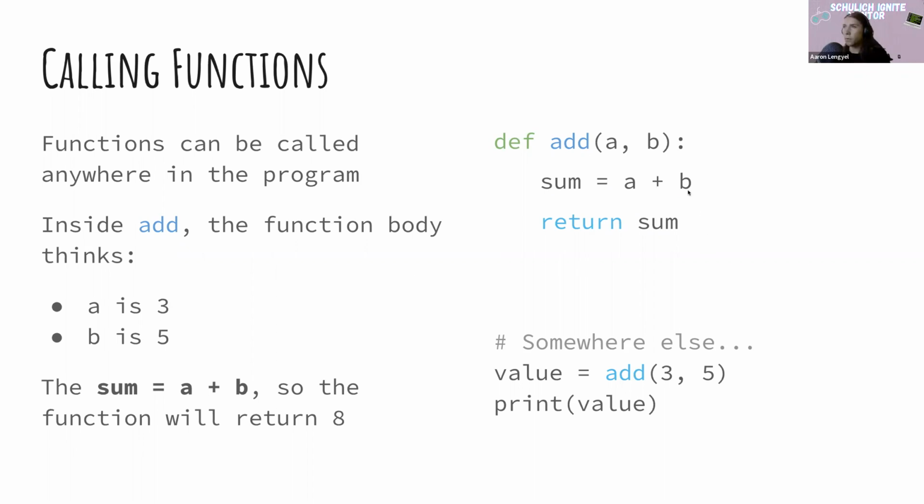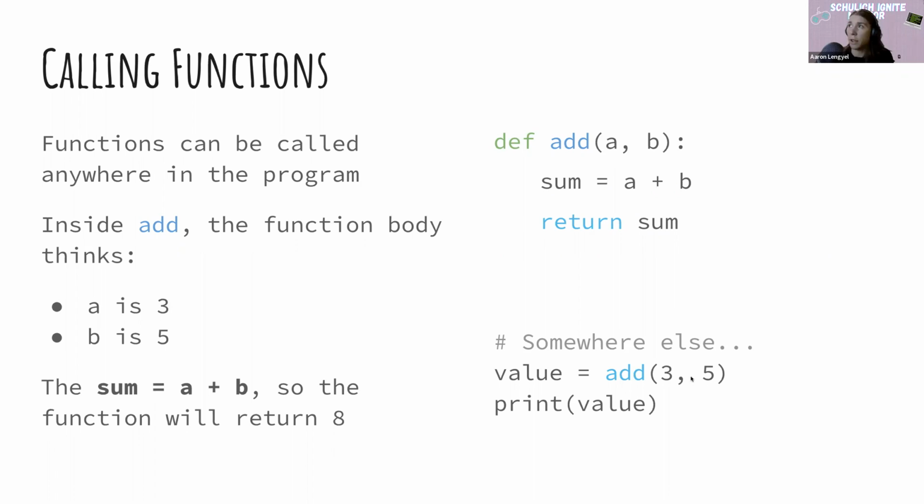So back to functions. Inside the function, A is a specific variable inside the function and B is a specific variable inside the function, right? If I pass in this 3 and this 5 into our function, this A is given the value of 3 and this B is given the value of 5, right?